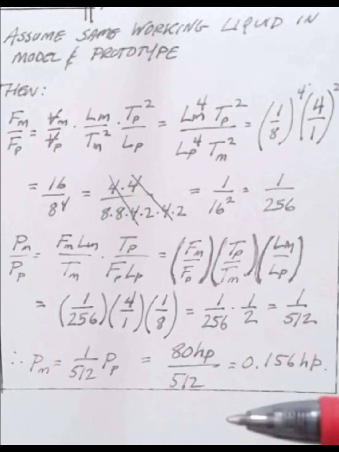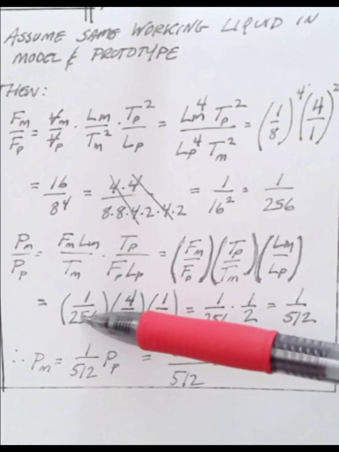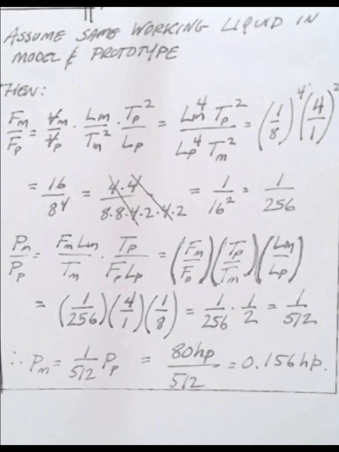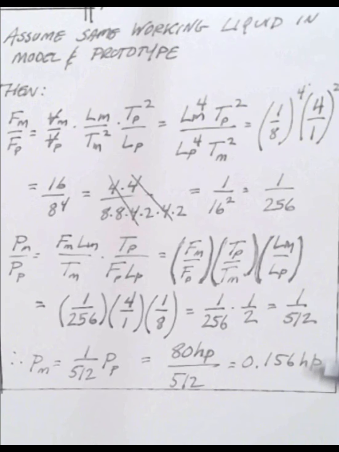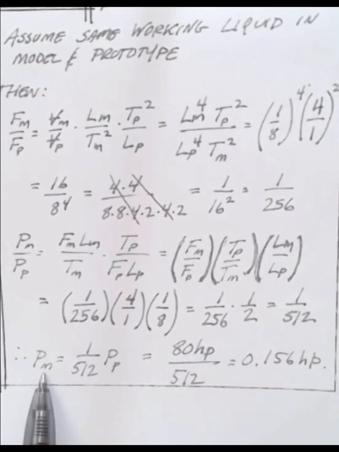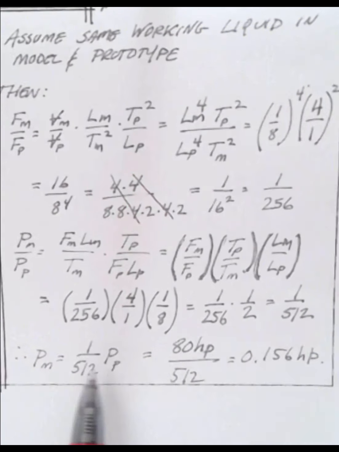Finally, the power ratio is force per time. And again, we have the force ratio 1 over 256, the time ratio 4 to 1, the geometric ratio of 1 to 8. So we have a power ratio of 1 to 512. And what that means is that the power in the model is 1/512th the power in the prototype.